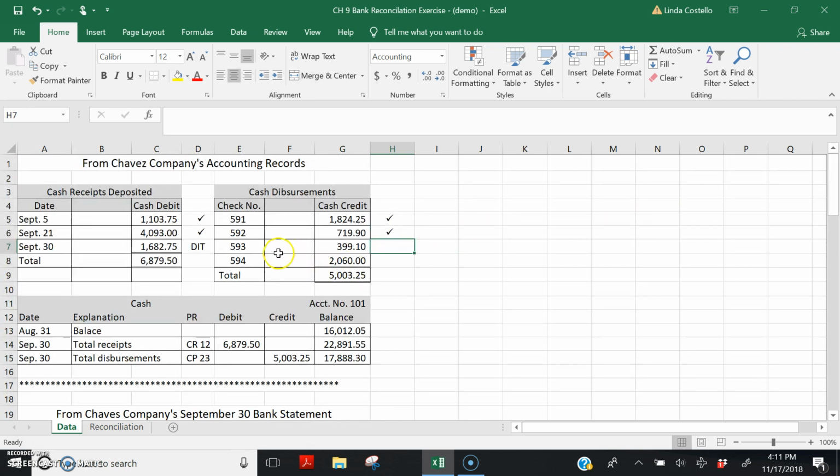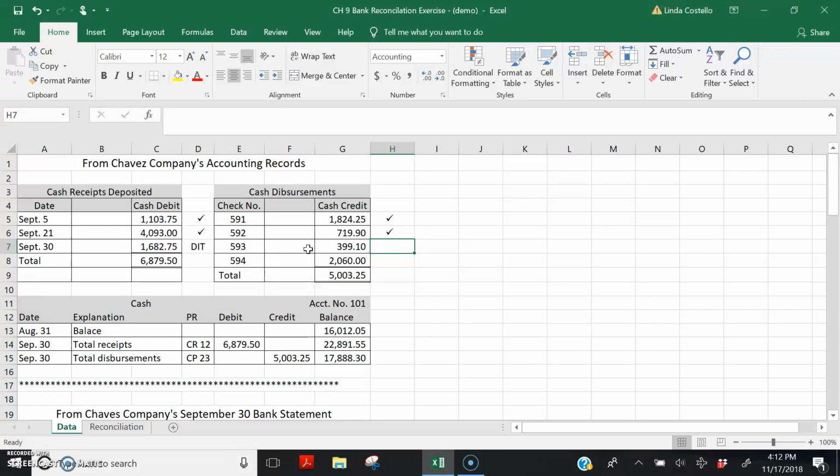The third check we wrote in September was check number 593 in the amount of $399.10. Has this check cleared the bank? No. If you look at the details on the bank statement, this check is not recorded. We properly recorded the check on the books as a decrease to cash in the month of September.